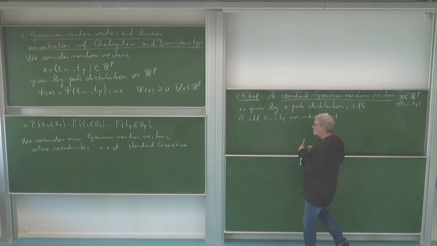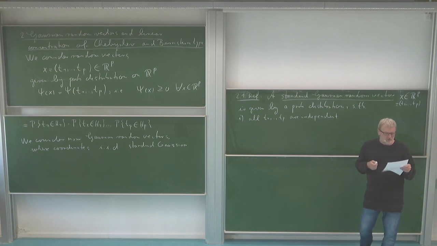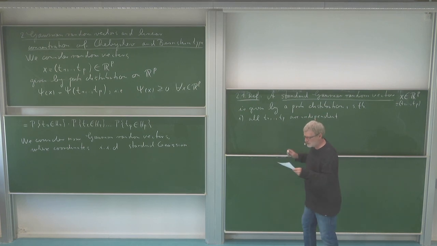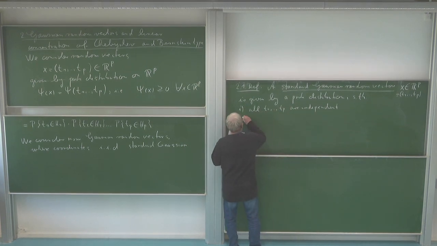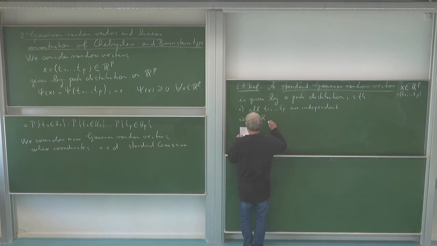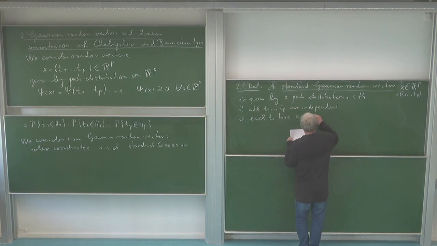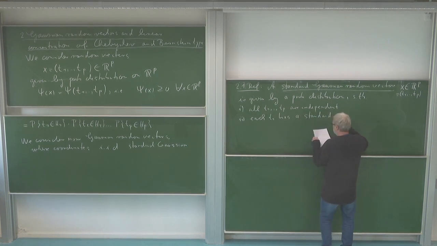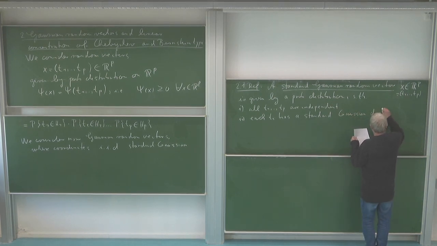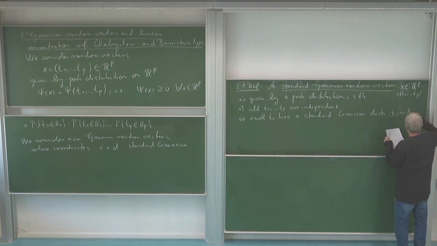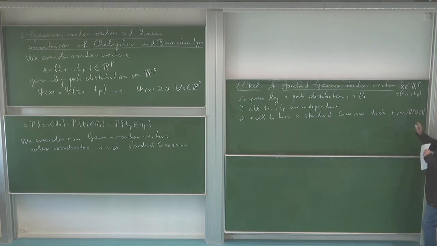And they are all identically distributed, and they all have as their distribution the standard Gauss distribution, which means mean 0 and variance 1. So each ti has a standard Gaussian distribution, which we denoted by N(0,1). So this means it's a Gauss distribution with mean 0 and variance 1.